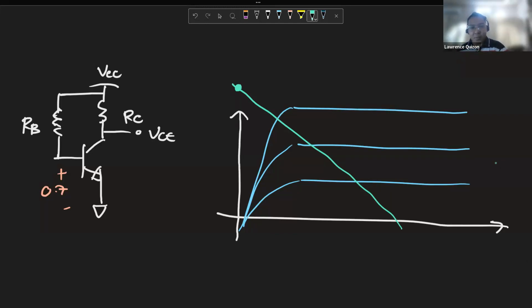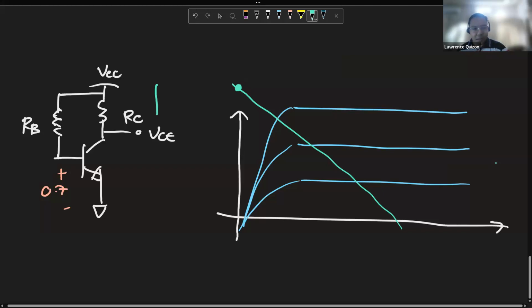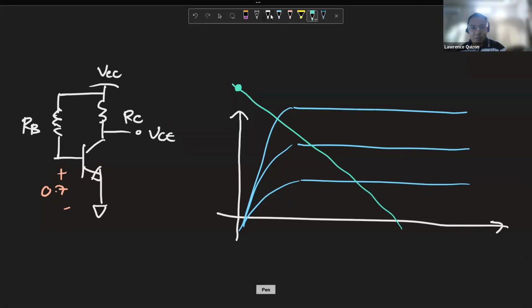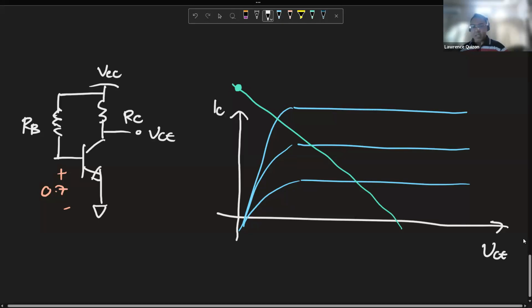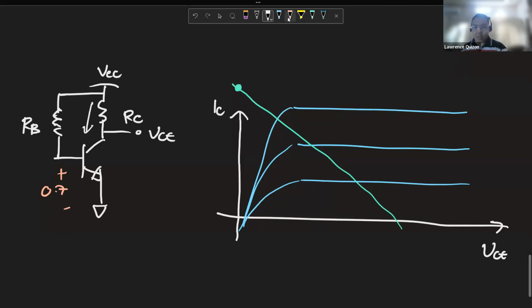So, our load line here, let's think about it. If this is the output characteristic, which puts that at IC and puts this at VCE, then at VCE equals 0, IC would be VCC over RC.